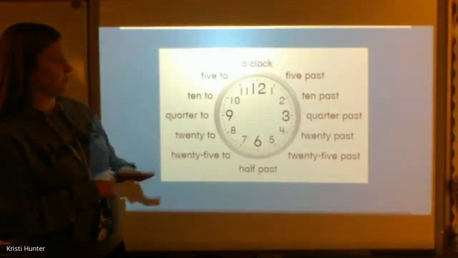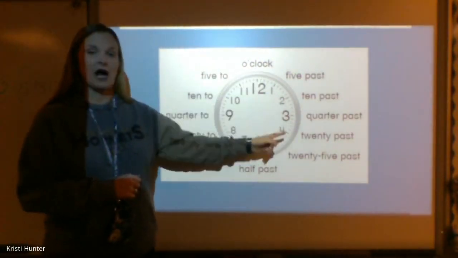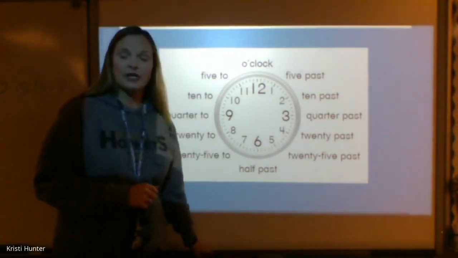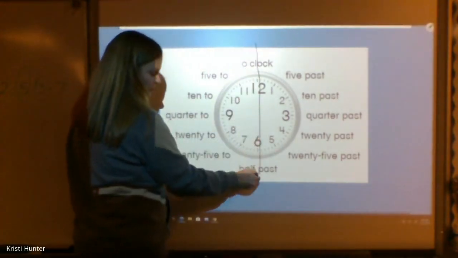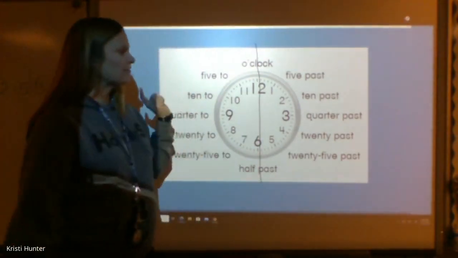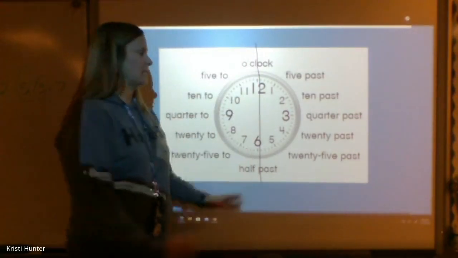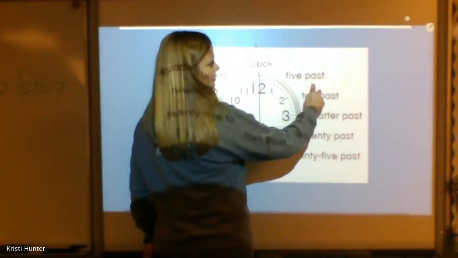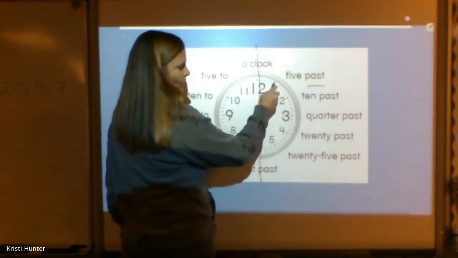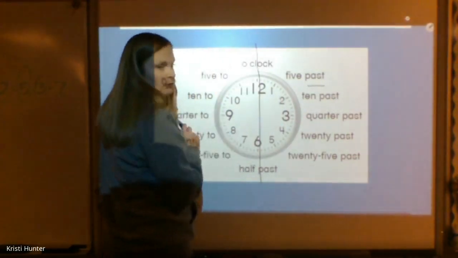So let's review. When I have my clock, we look at it like it's divided in half when I'm using my words. If it's divided in half, on the right, we go past the hour. So it's 5 past the hour when it's pointing to the 1.